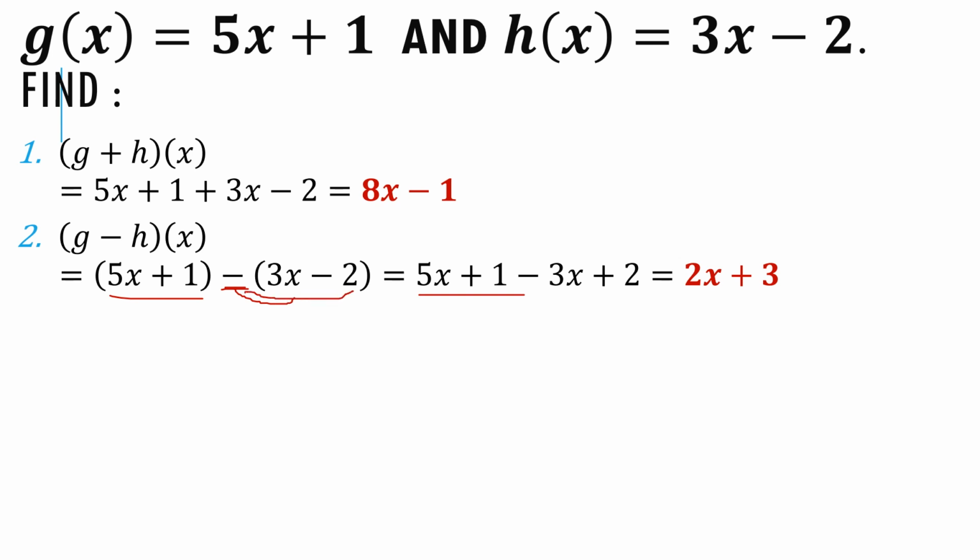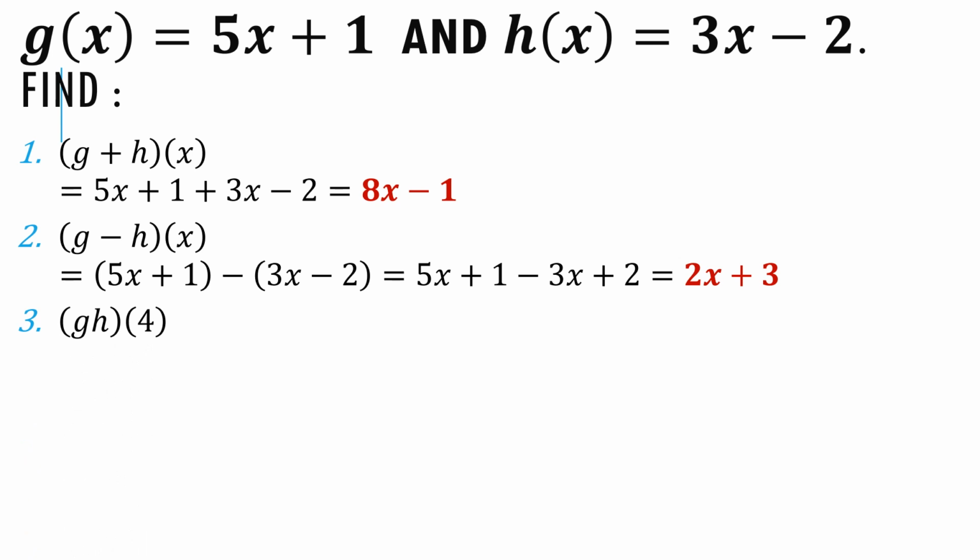So, magiging minus 3x and then negative times negative, magiging plus na yan. So, plus 2. Yan, dito kadalasan nagkakamali pag sa minus na. So, magiging 5x plus 1 minus 3x plus 2. Combining like terms, 5x minus 3x, magiging 2x. And then, 1 plus 2 is positive 3. So, answer is 2x plus 3.